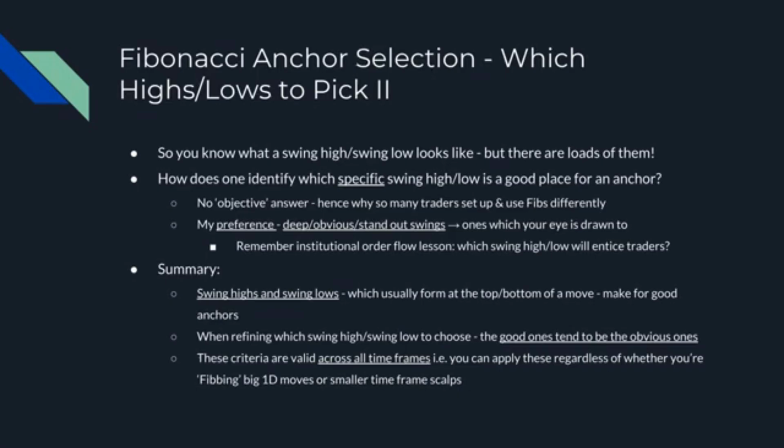And these criteria are valid across all time frames. So you can apply these regardless of whether you're fibbing, which is a contorted verb which I've allowed myself to use, big daily moves or smaller time frame scalps.